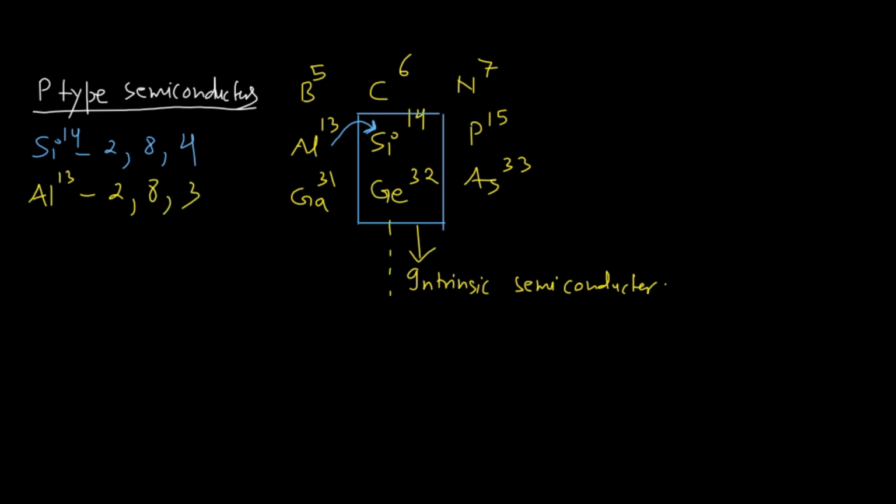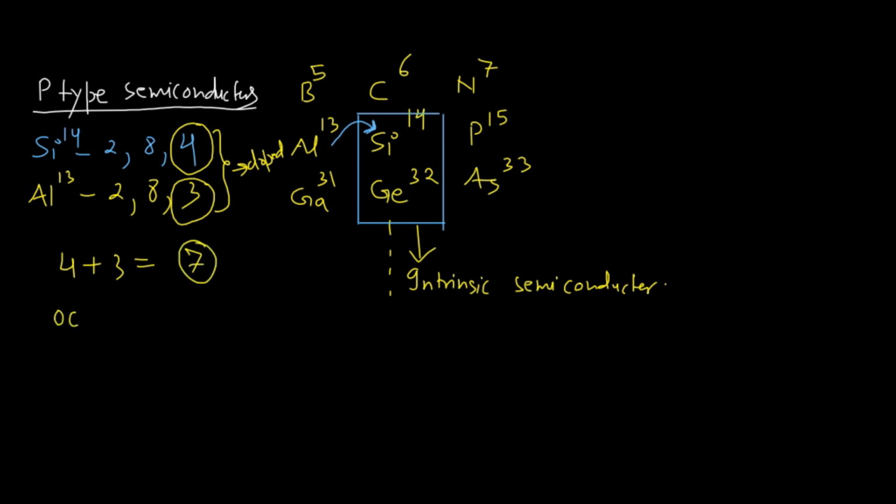Now this system is the doped system. It is doped. Again it will behave as a semiconductor, but this semiconductor would be a p-type semiconductor. Why p-type? You can focus on these 4 valence electrons of silicon. Here the valence electrons of aluminium are 3. So if you add both of these, this will give you 4 plus 3, 7.